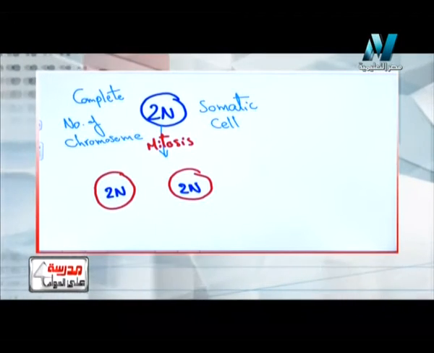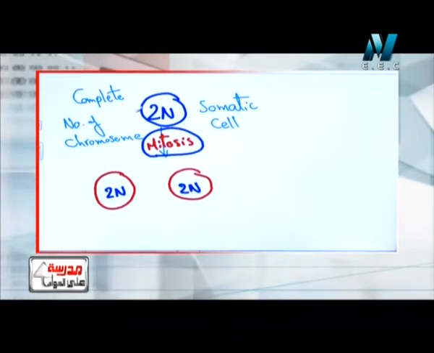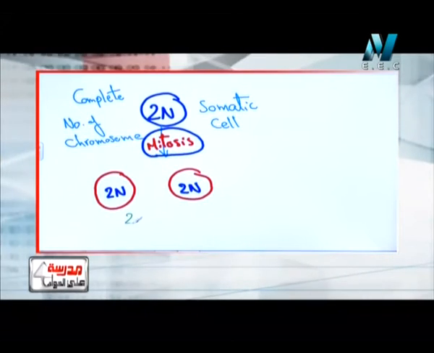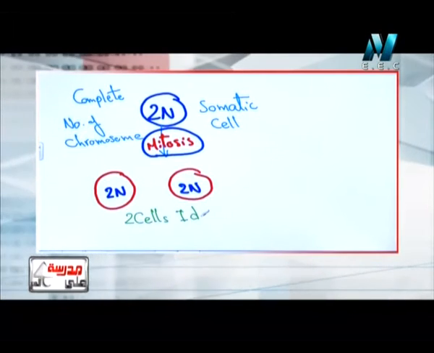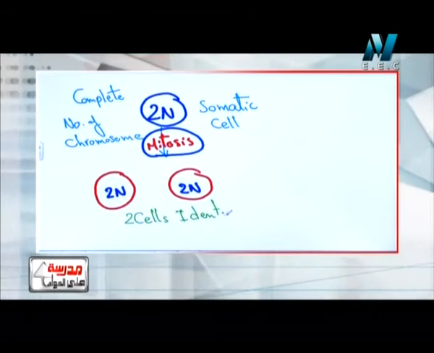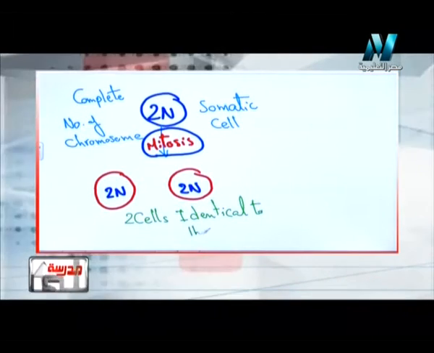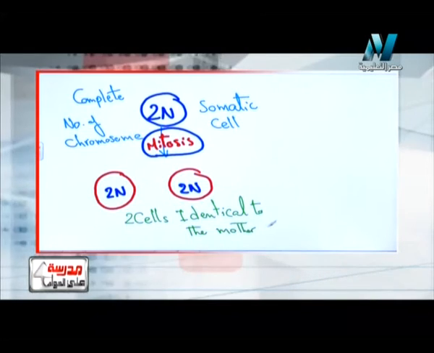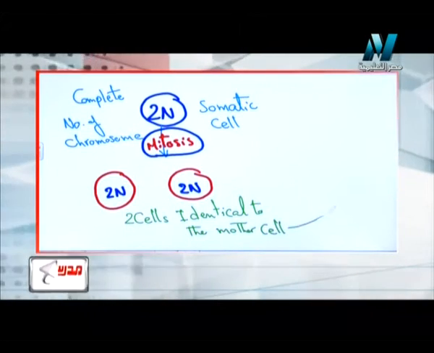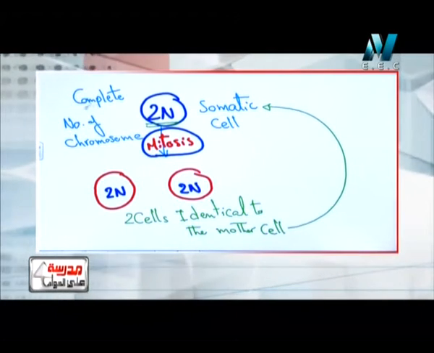So the mitosis division produces what? Two cells identical, an exact copy, identical to the what? Mother or parental cell. These came out as exact copies of it. 2n means what? Complete number of chromosomes.